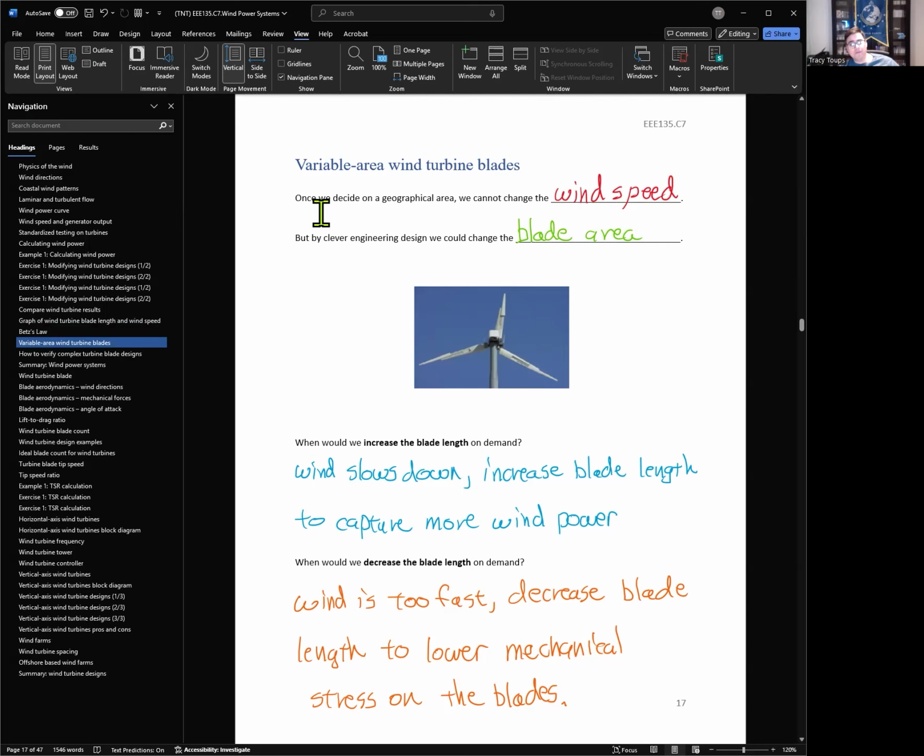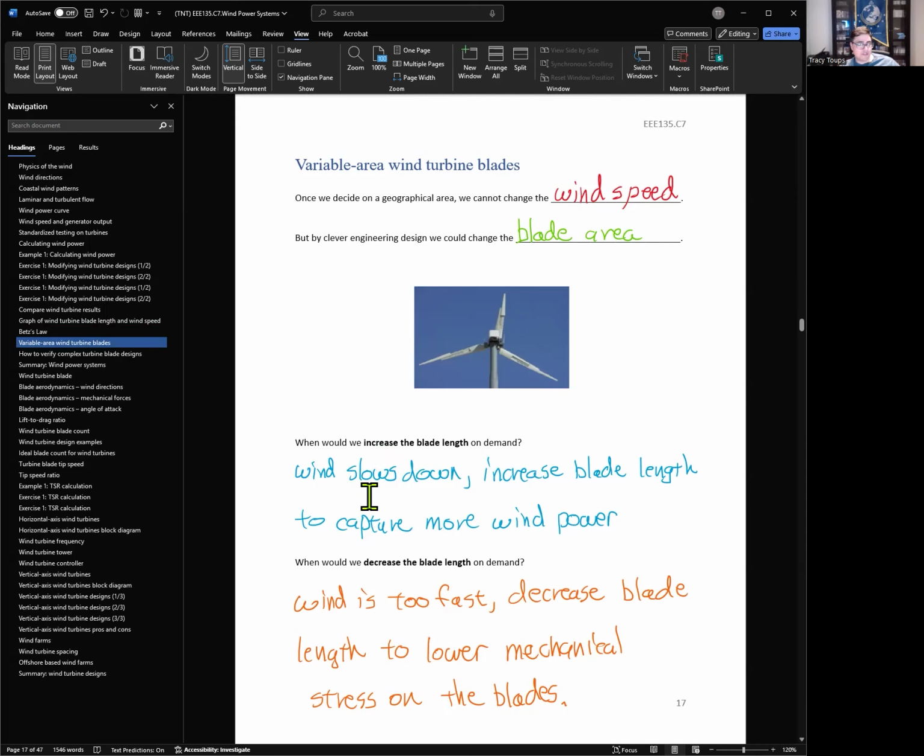Okay. So remember, once we decide on geographic area, we cannot change the wind speed. That's just nature doing its thing. But by clever engineering design, we can change the blade area on demand. This can change within seconds if you need to. Okay. When would we want to increase the blade length on demand?